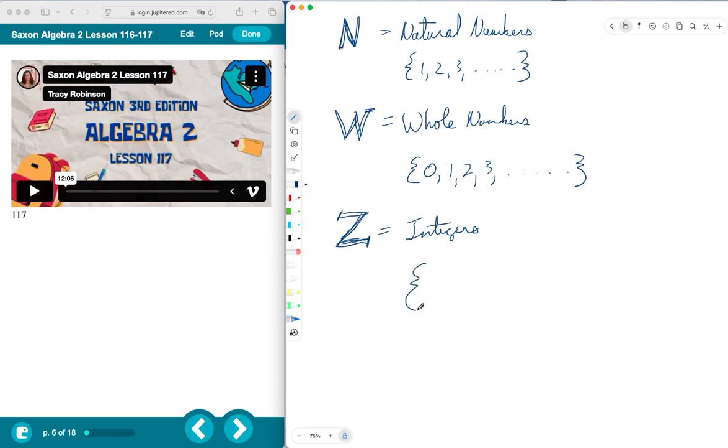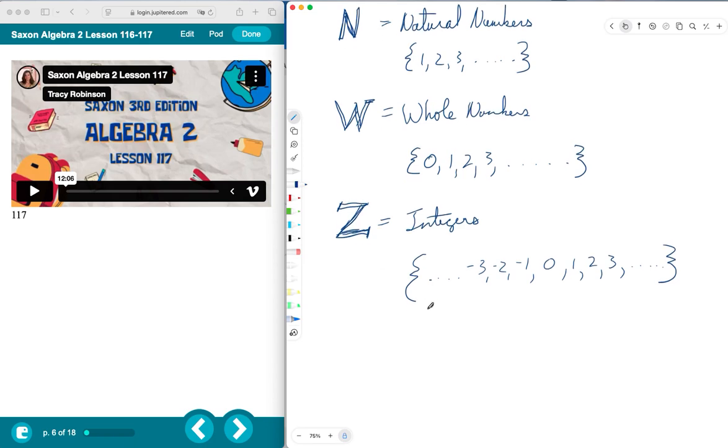So it goes on and on. Think of it as the number line. You have all of these negative numbers, 0, and then all of the positive numbers, on and on in both directions. The integers is the number line, and it's designated with the letter Z.